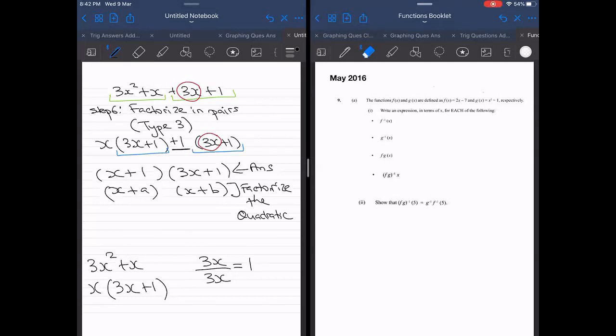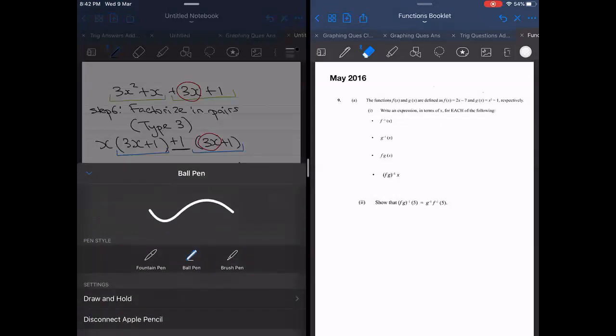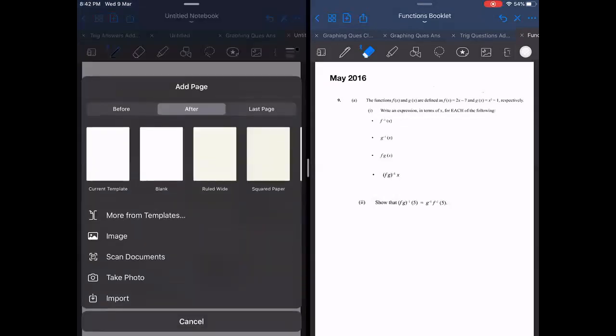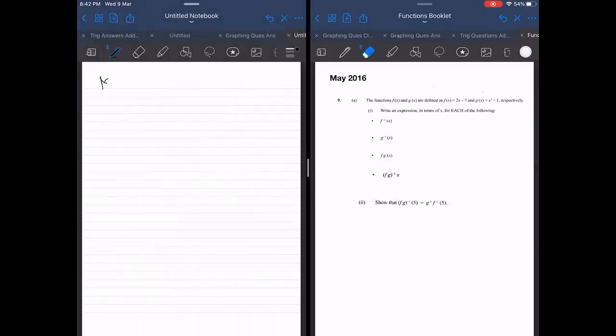We don't need to do F inverse, that part is pretty simple. I do want to do G inverse because that part is new. I want to do G inverse and then walk you through what to do for the other part.